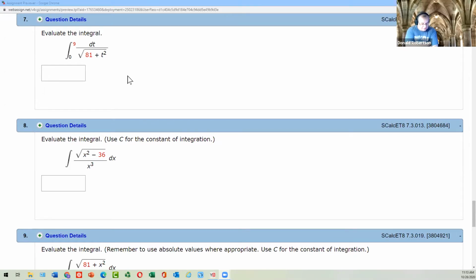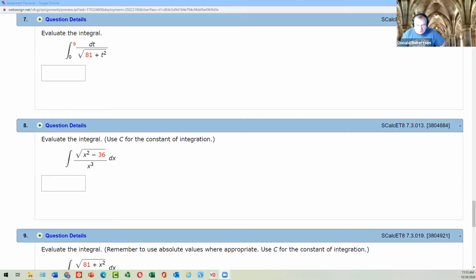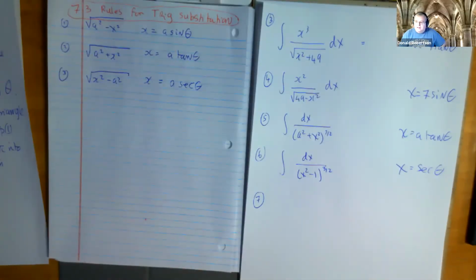Who is question 7? 1, 2, or 3? 2. Agreed. And so 2 is 9 tan theta. Now, not everybody has written that down, I can tell. So we are going to have a look at that and give you a few moments to do it.